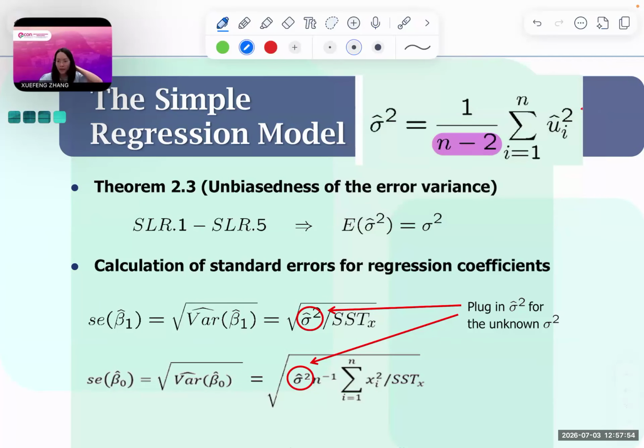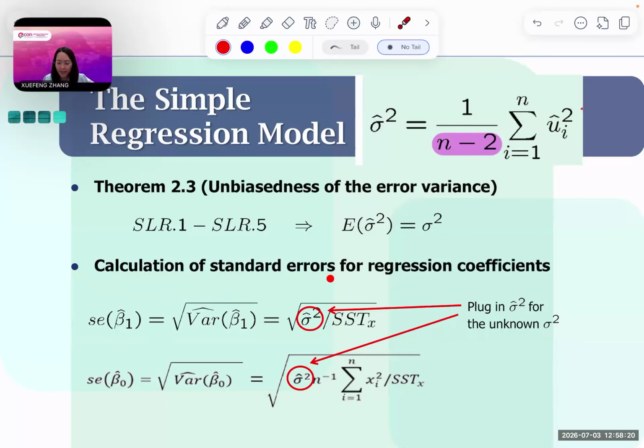We divide by n minus 2, which is confirmed unbiased. On average, it gives the true sigma square, and we require assumption 1 through assumption 5, okay? All 5 assumptions.